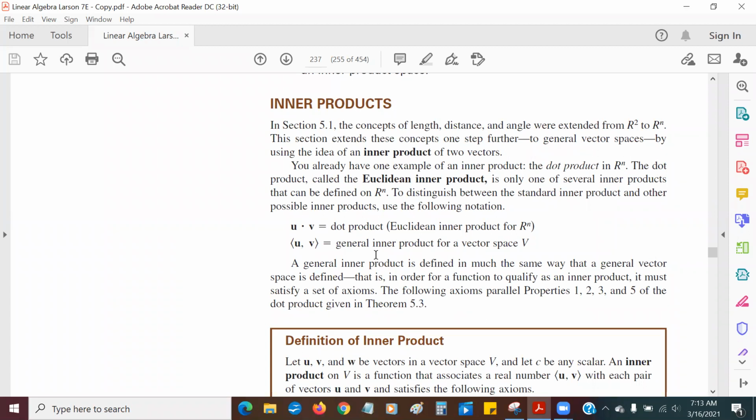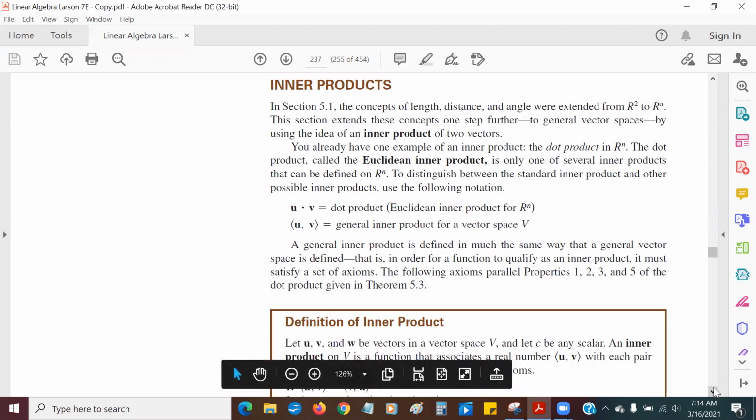If we're doing an inner product in a general vector space, not Rn and not the dot product, we're going to write it this way, with pointy brackets: U comma V. This is just how we're going to write it. If it's a dot product, we write it up here. If it's a general one, we write it this way. Either way, the inner product is defined the same way that a general vector space is defined.